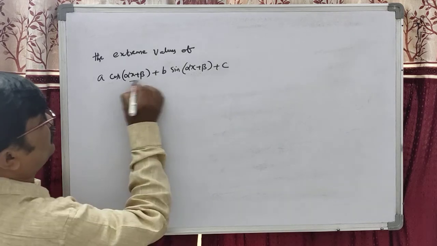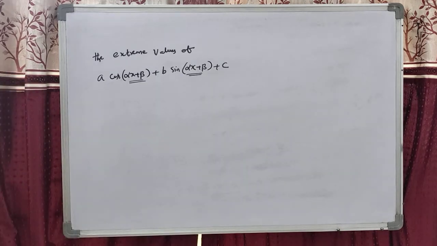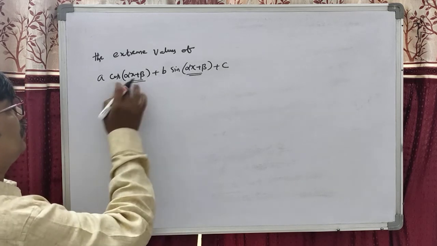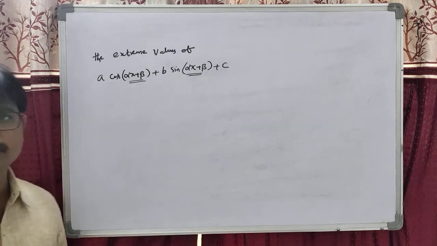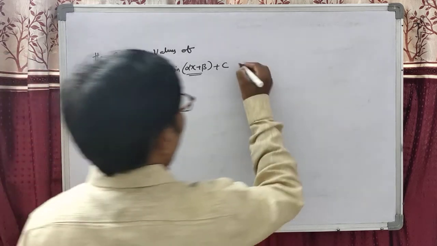We know that here the angles are equal, as in a cos x + b sin x. When the angles are equal, undoubtedly we can write the extreme values of a cos(αx + β) + b sin(αx + β) + c.